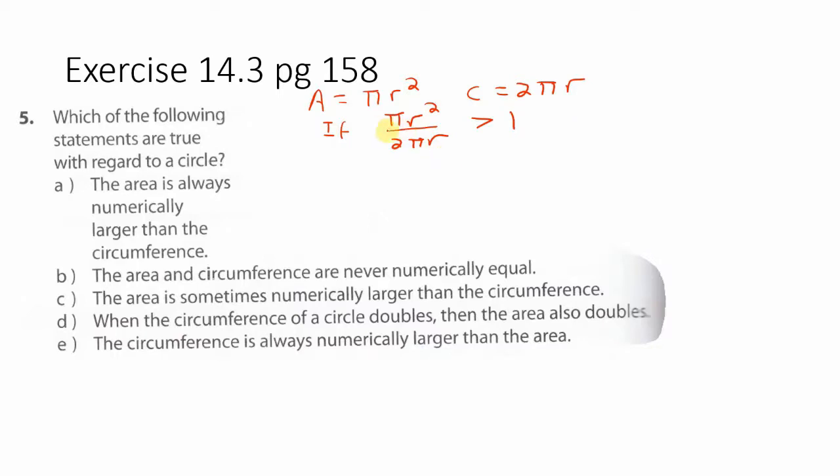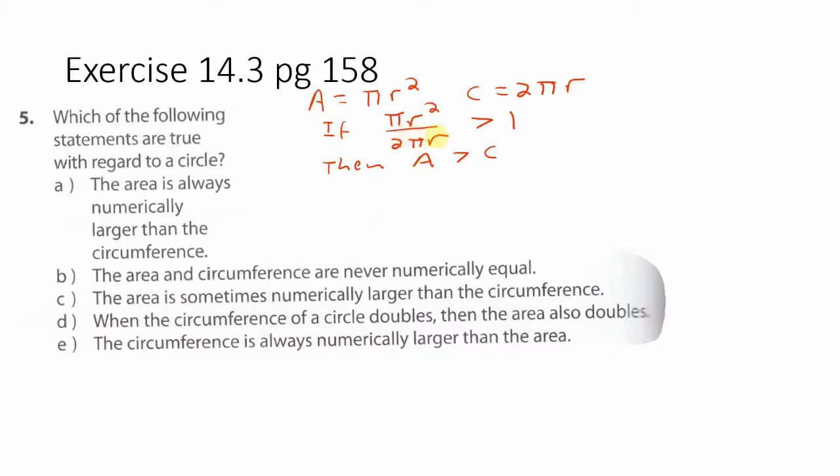So now we can simplify a bit. Well, let's just finish our statement. So if that's the case, then the area is larger than the circumference. So let's simplify a bit.